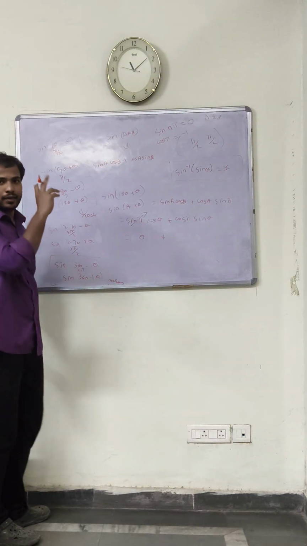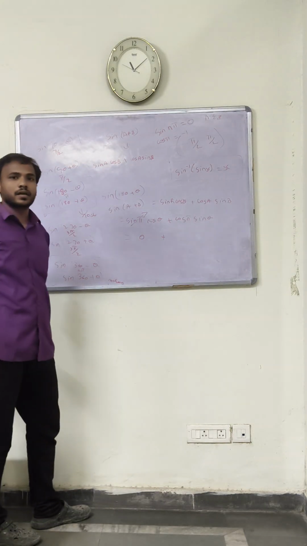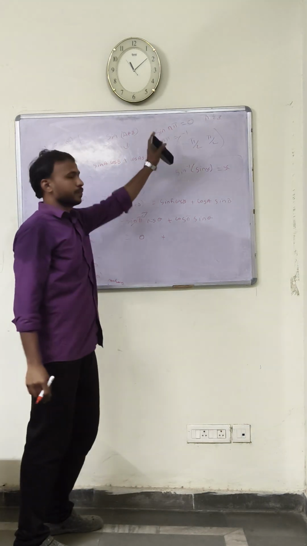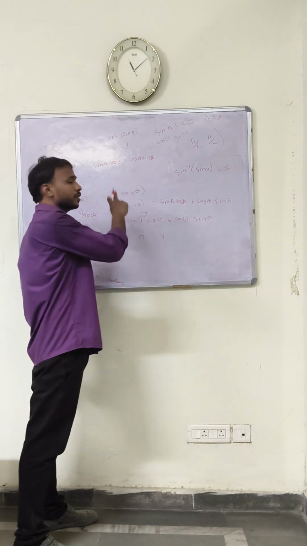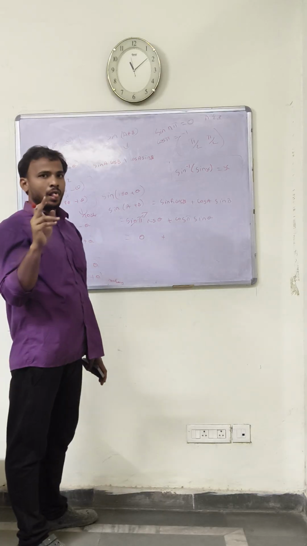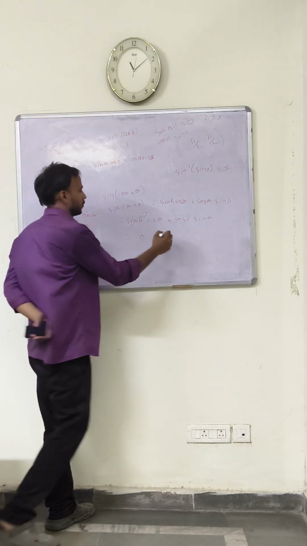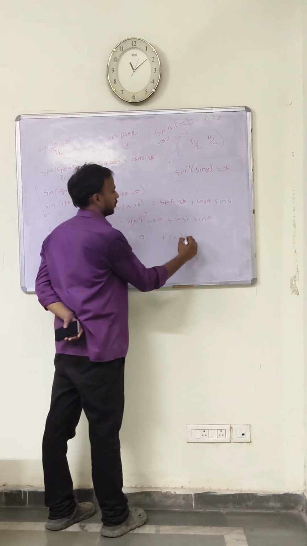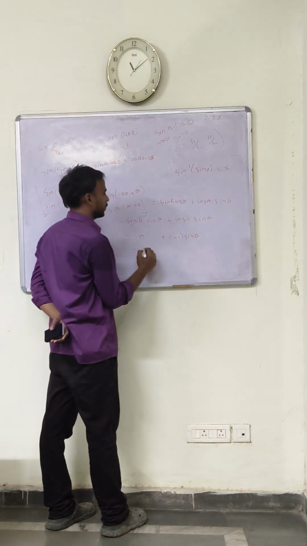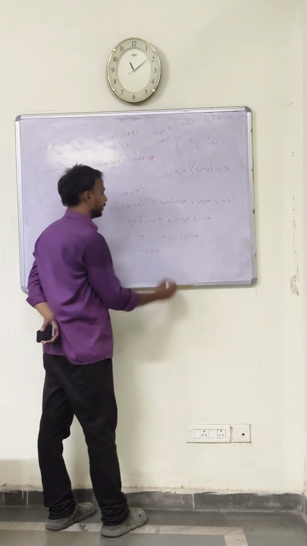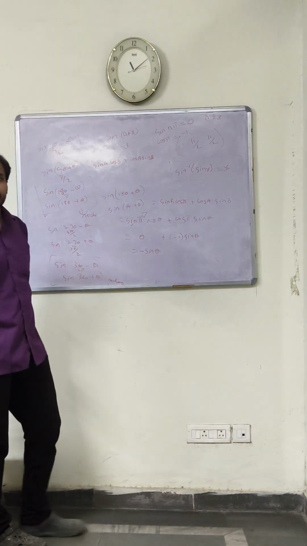I will explain that in the cos curve. Why is it minus 1? Cos 0 is 1, cos pi is minus 1. So here minus 1 times sin theta, which is equal to minus sin theta. You got it?